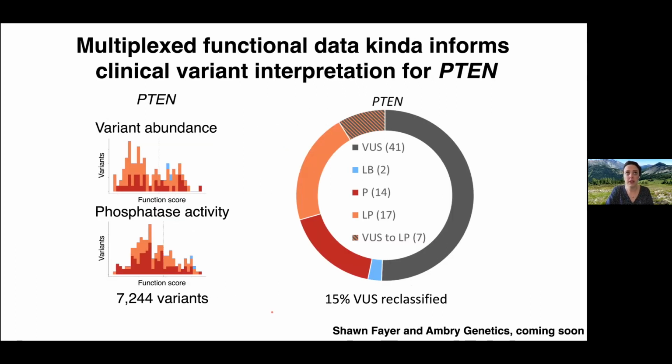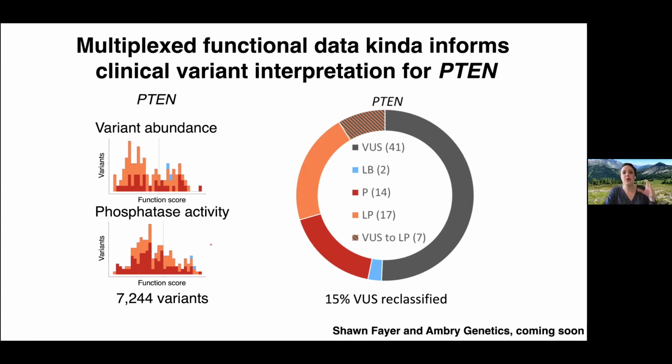Okay. So I think that pretty strongly shows that this data can be very useful. But what happens for PTEN, right? This is the last data set, and we've got a problem. There's not a lot of benign variation in PTEN. I guess you really don't want to change this gene.